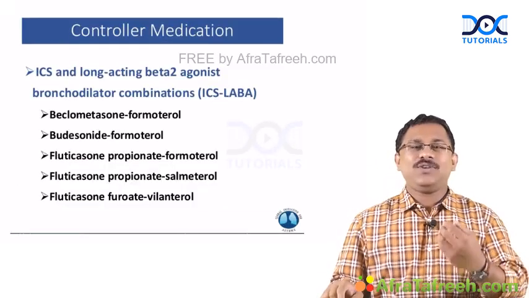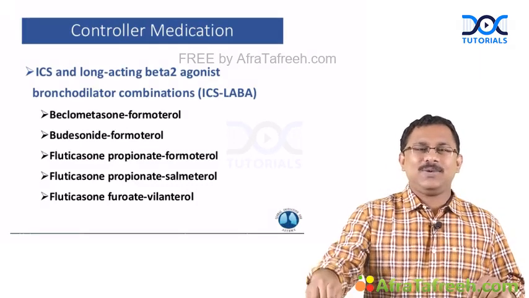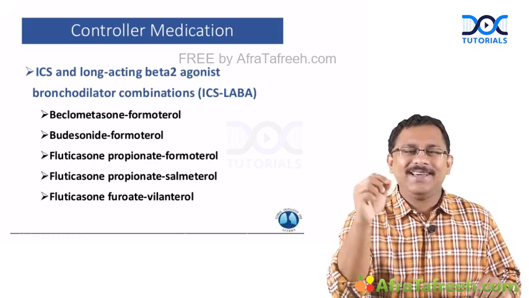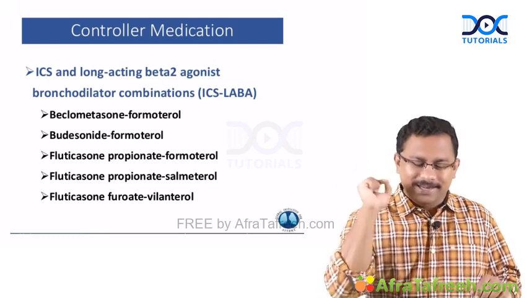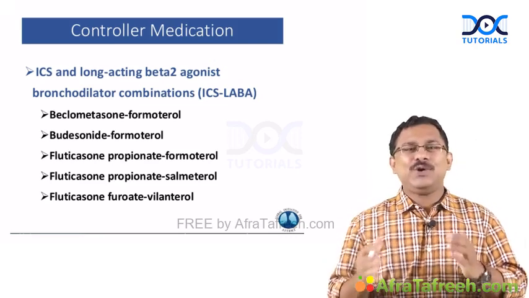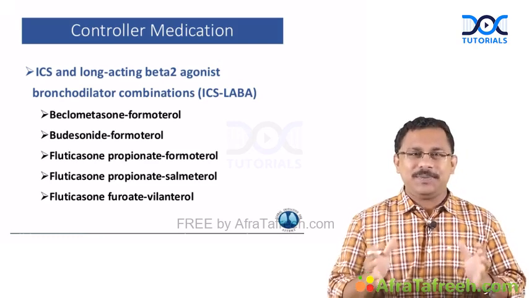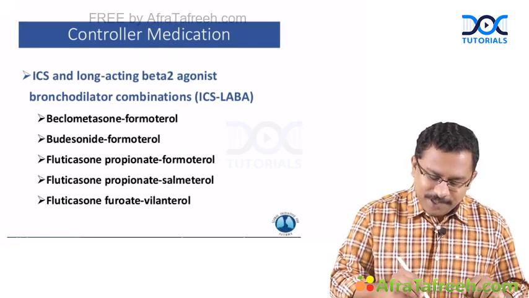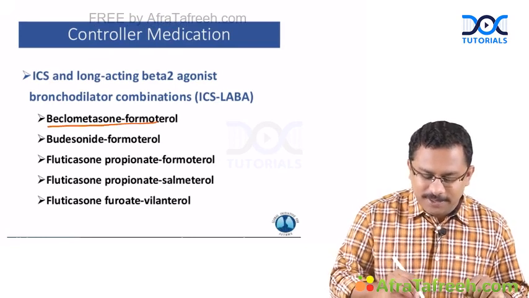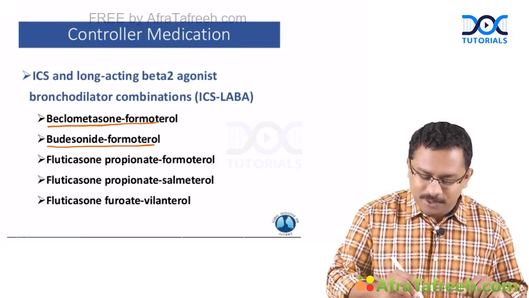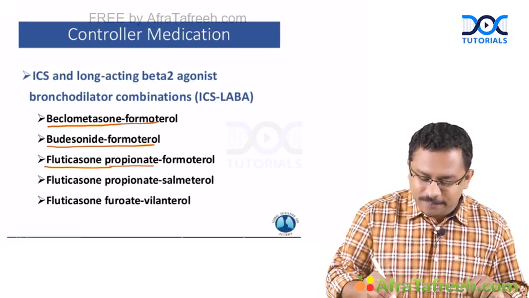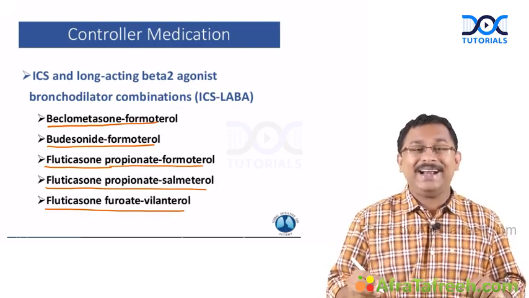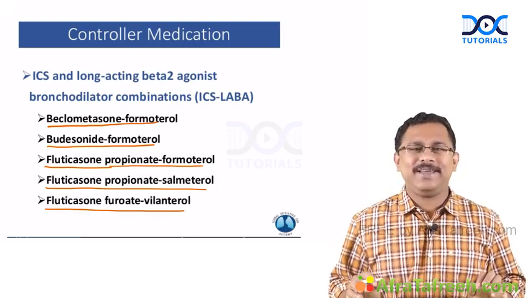Now, next I told you can have combinations of inhaled corticosteroids with the long-acting beta agonist. So here also you have different formulations available: beclomethasone formoterol, budesonide formoterol, fluticasone propionate formoterol, fluticasone salmeterol, and fluticasone vilanterol. Different combinations are available.